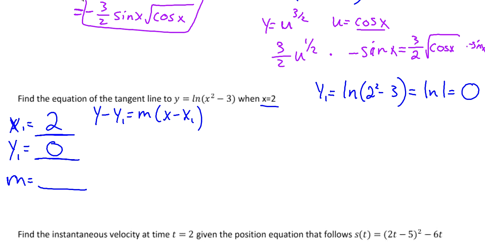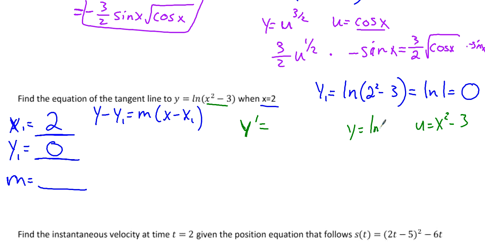Now we need slope. Well, what is slope? How do you find the slope of a curve? That is the derivative. So I need to find y prime of this natural log function. And you can see that we have a function inside of a function, so we're using chain rule. So u is my x squared minus 3.